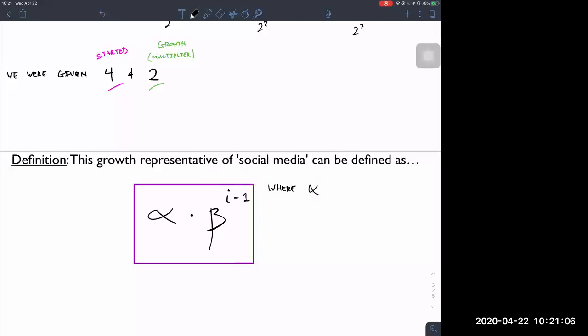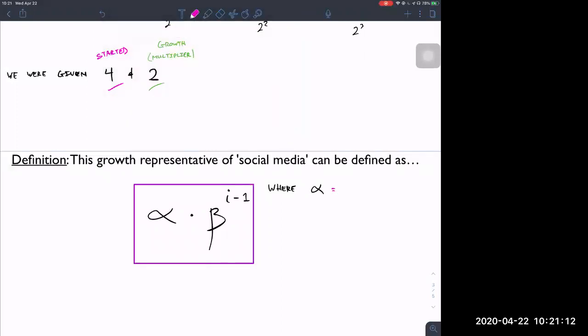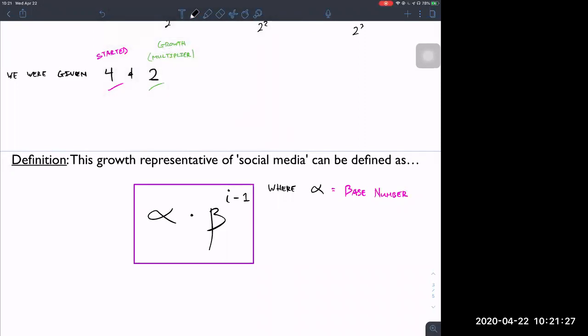Alpha, and you know what, I'll match this with what I wrote here in colors. Alpha equals, I like to describe it as the base number. So in our case, our base number, what we started with, was 4, and beta is the growth rate or growth factor.